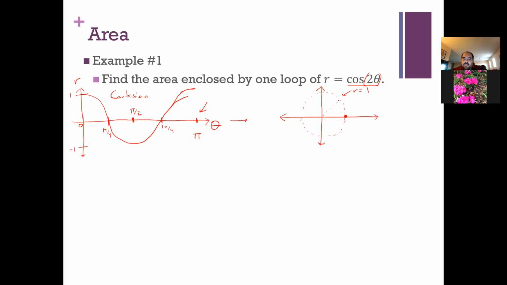So pi over 4 is a dashed line like this, diagonal line. So my graph is going to do something like this. So hopefully you agree with that. Basically from theta equals 0 to theta equals pi over 4, this is going to happen like this.